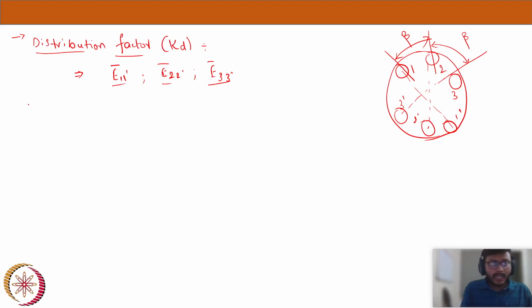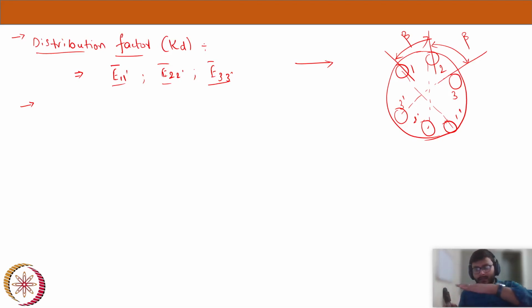Now let's say I'm interested in calculating the resultant. I know E11 dash, E22 dash and E33 dash individually. The reason I specified beta is, let's say coil 1 is in this phase, and my second coil will see the same magnetic field seen by the first coil, but after a lag of beta.